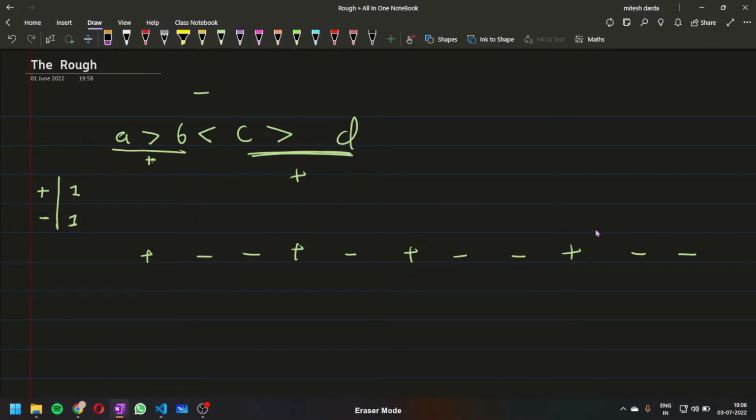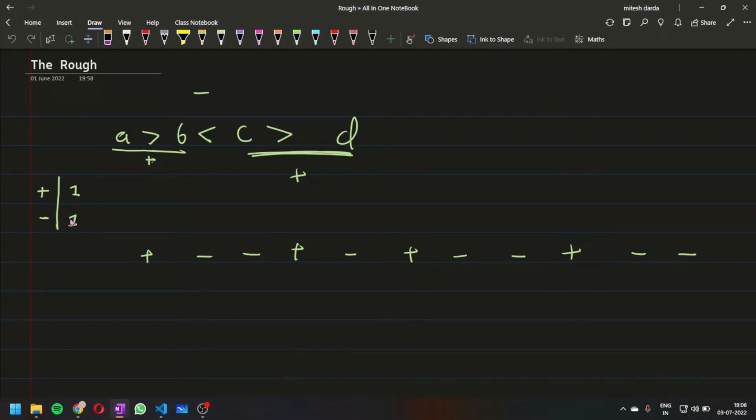Okay, so we have encountered a positive number. As soon as we encounter a positive number, we are going to look whether previously there is a subsequence which is ending at a negative value. So this positive number can be a part of that sequence. So if we encounter a positive value, we are going to increment the value of our negative by one.